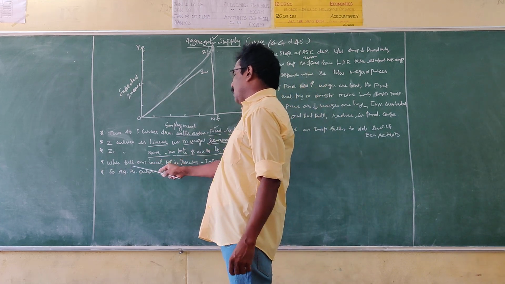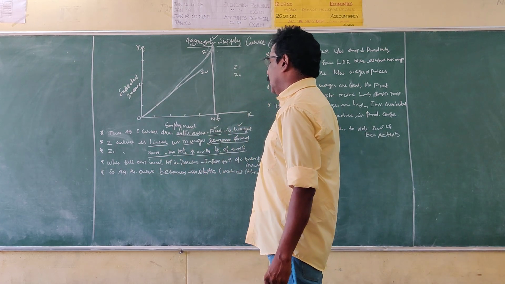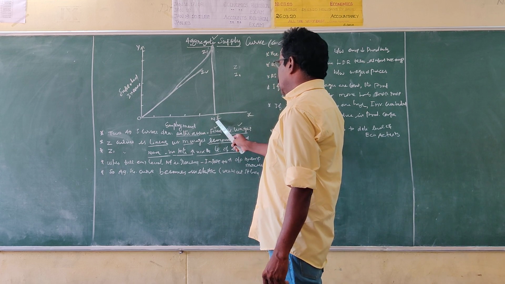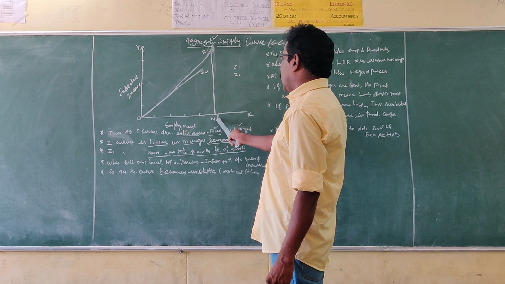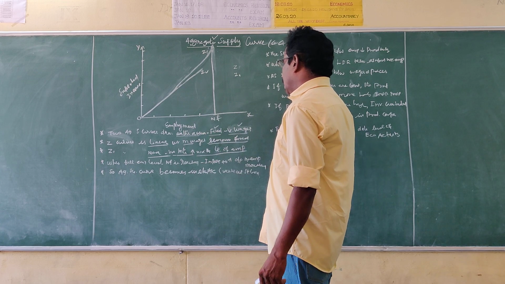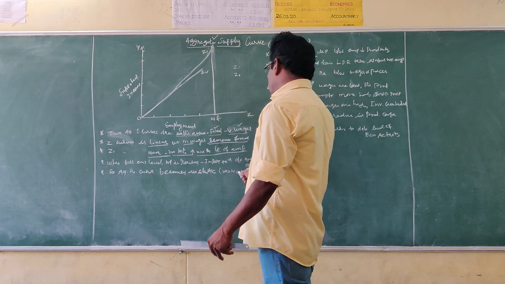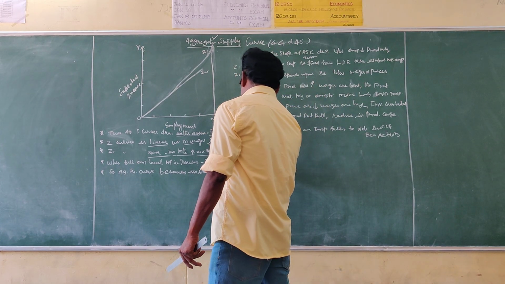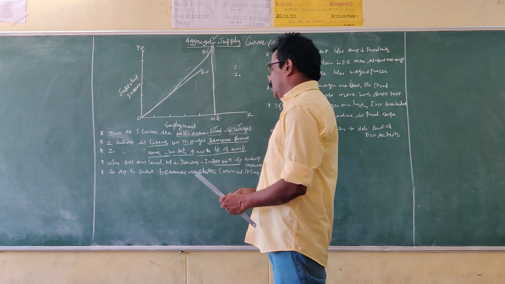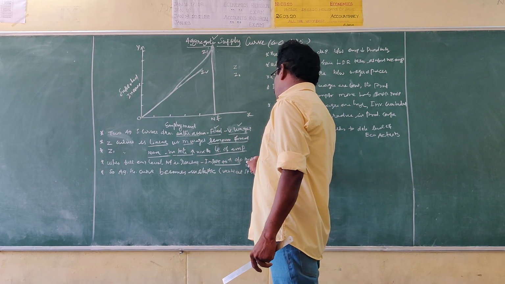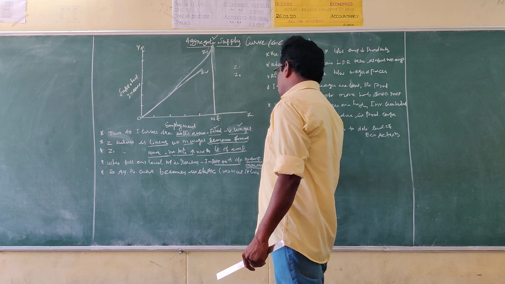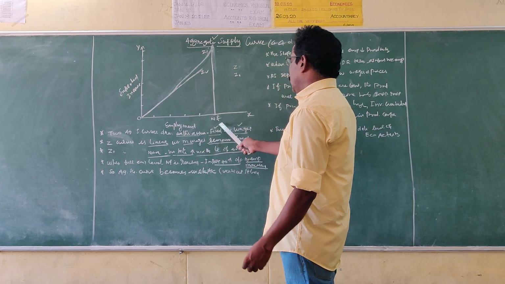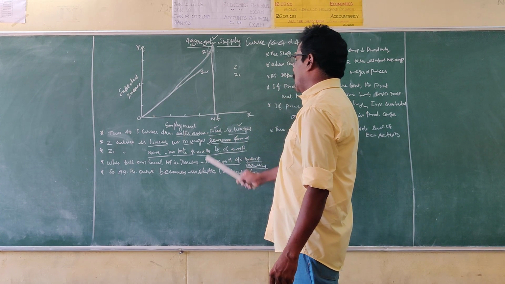When the full level of employment, NF, is reached, it is impossible to increase the output. It is not possible to increase the output by employing more labor forces. So NF is the full employment level.